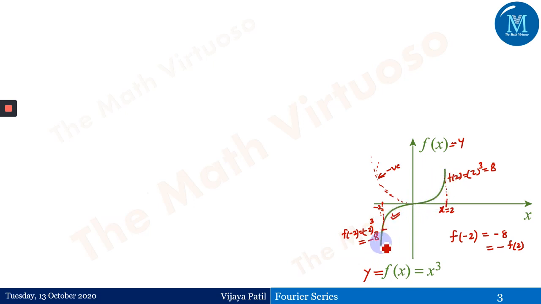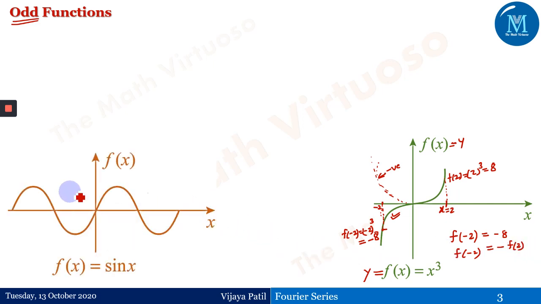Now this type of examples or functions are known as odd functions, where this property holds good, that is f of minus 2 is equal to minus f of 2. Another example is the sine function, which is an odd function.